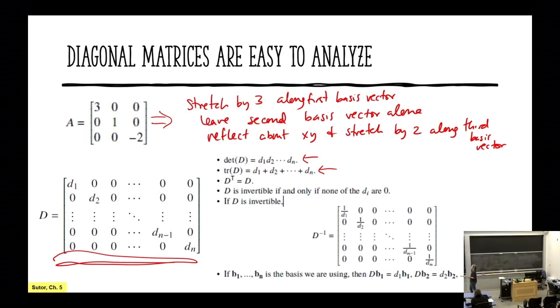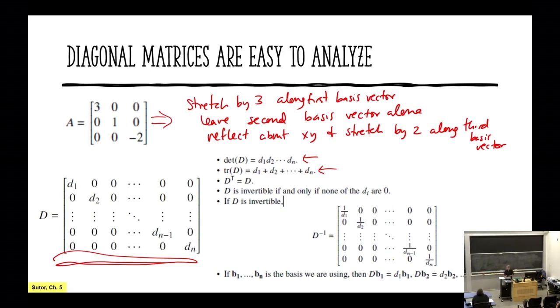And we can invert diagonal matrices when none of the diagonal elements are 0. And if it is invertible, meaning none of the diagonal elements are 0, then the inverse matrix is just the new diagonal matrix where the elements are 1 over themselves. So diagonal matrices are great. We're going to work with a lot of them.